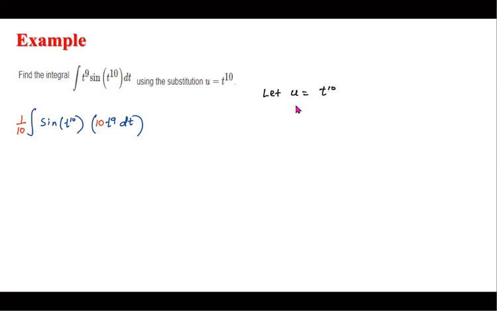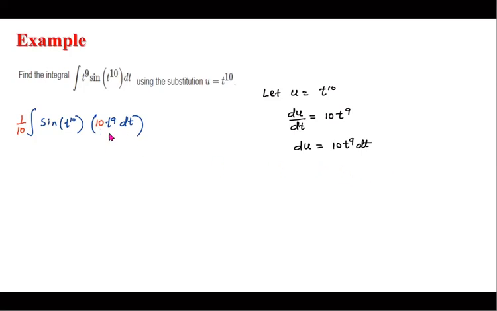We find the derivative, du over dt, using the power rule. 10 comes in front and we reduce the power by 1, so du over dt is 10 t to the 9. Now if you multiply both sides by dt, you get du equal to 10 t to the 9 dt.